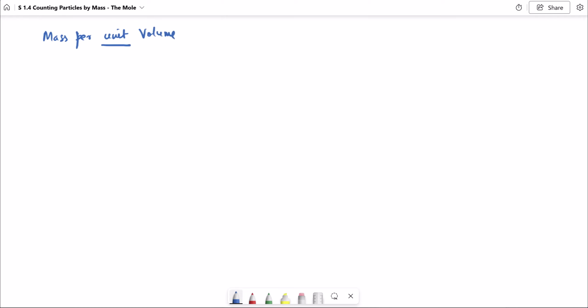So sometimes it is more convenient to express the concentration in terms of mass per unit volume, right? Here also the formula is concentration is equal to mass of solute given in gram divided by volume of solution that is given in dm cube, right?